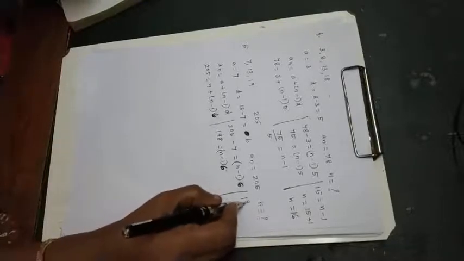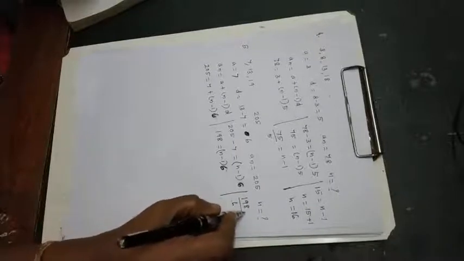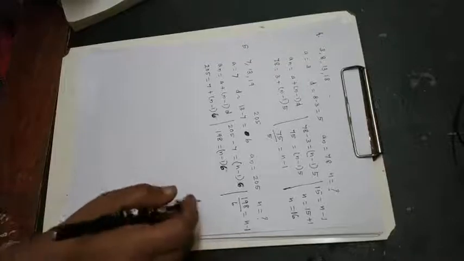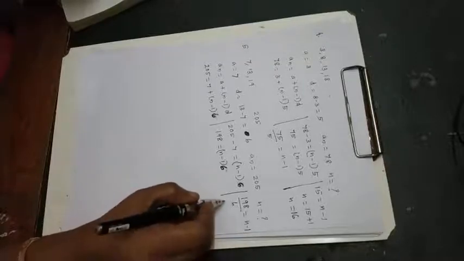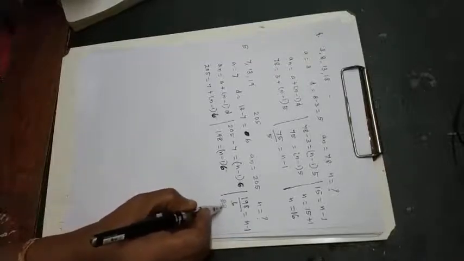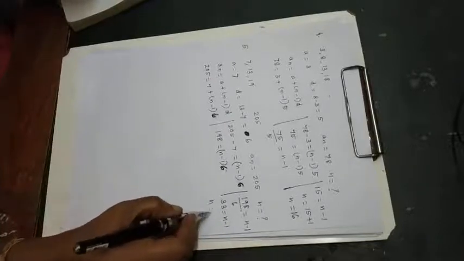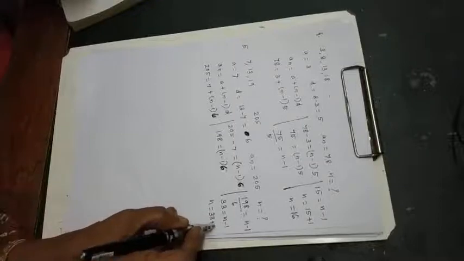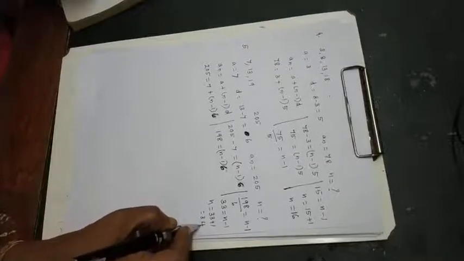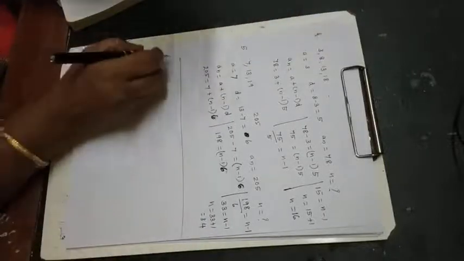So 198 by 6, that is equal to n minus 1. So it is 33 is equal to n minus 1, or n is equal to 33 plus 1, that is equal to 34.